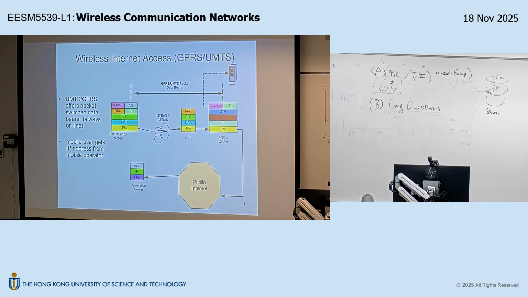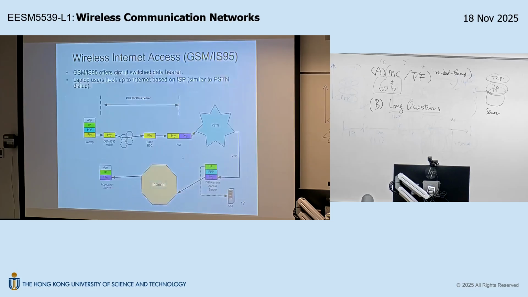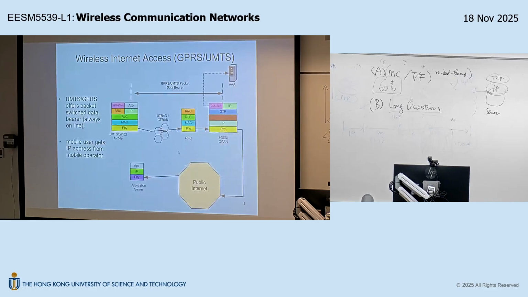Okay? And usually, in practice, the mobile operator will also own these public IP addresses and distribute the public IP addresses to you. So in other words, the 3G mobile operator also acts as the internet service provider. Okay? Now, this is the functional aspect, but there is also an associated performance aspect.